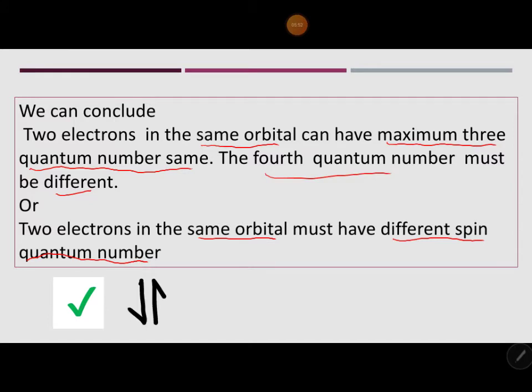We cannot represent the pair of electrons in the same orbital like this or this. Here it means that the two electrons in the same orbital have the same spin quantum number +1/2, and here the two electrons in the same orbital have the same spin quantum number of -1/2. This is against Pauli's exclusion principle and it is wrong.